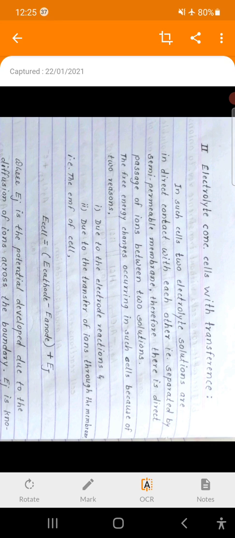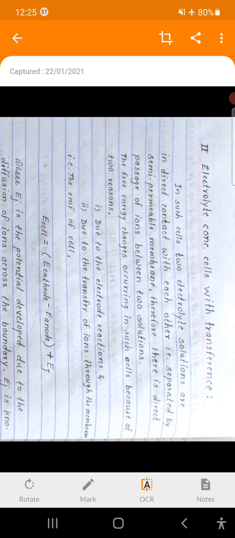Even though the salt bridge is there, there is no direct passage of ions from one solution to another, and therefore the two solutions are not in direct contact with each other.